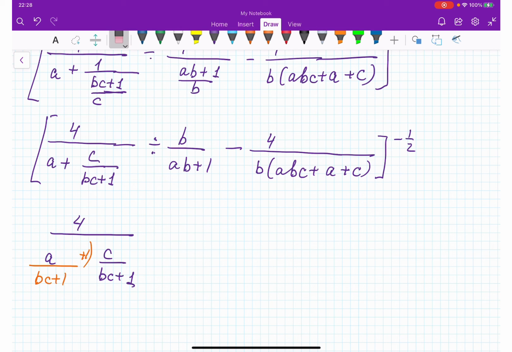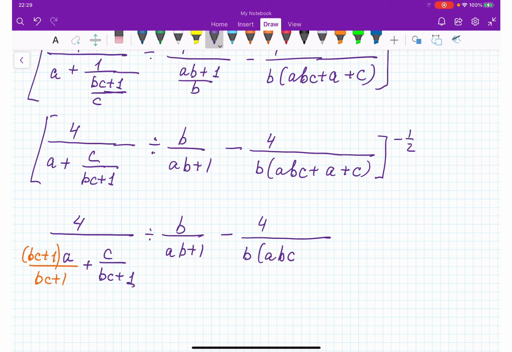Okay, let me write down from the other side, otherwise it's getting too much. A times BC plus 1, and divided by B over AB plus 1 minus 4 over B times ABC plus A plus C.